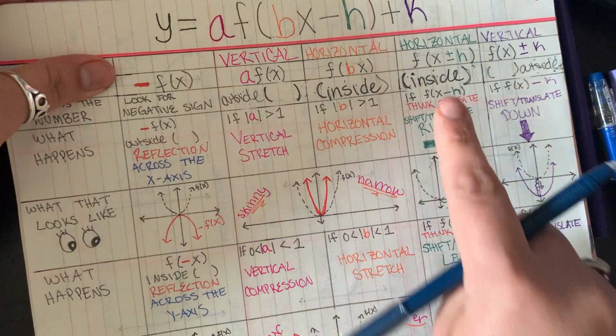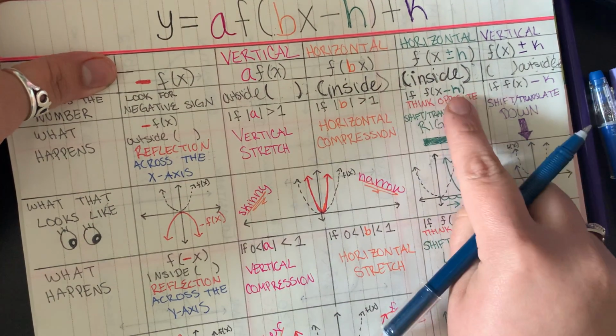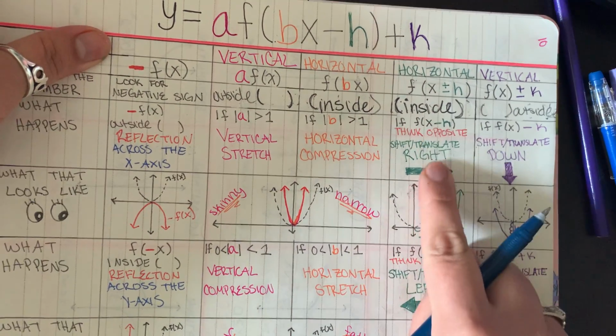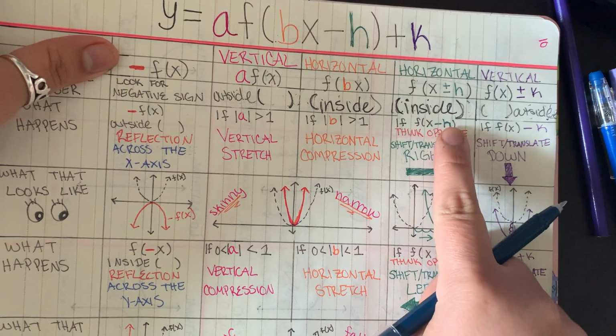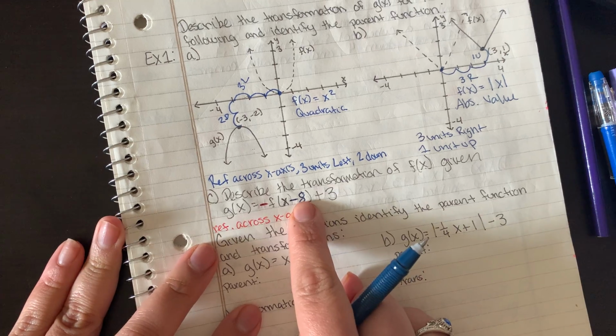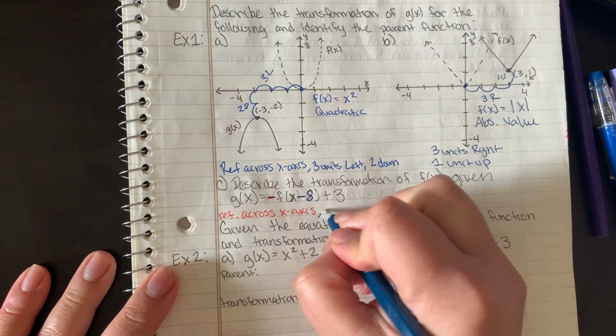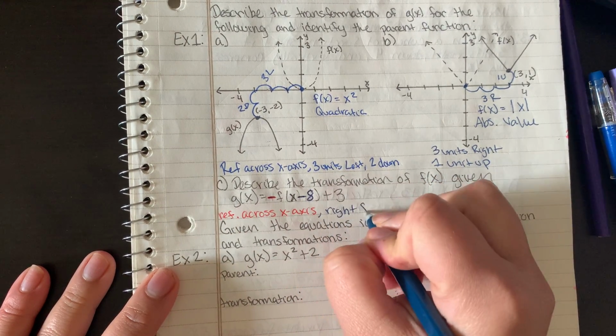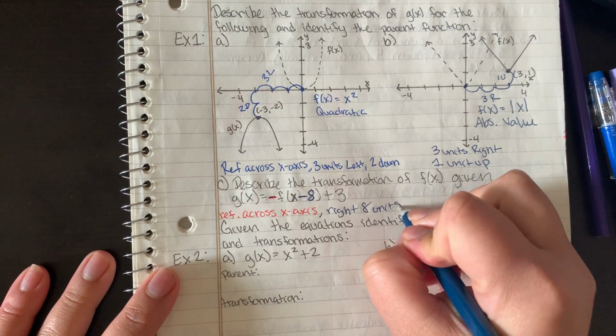So then I know this is going right by h units. So this 8 is going right 8 units.